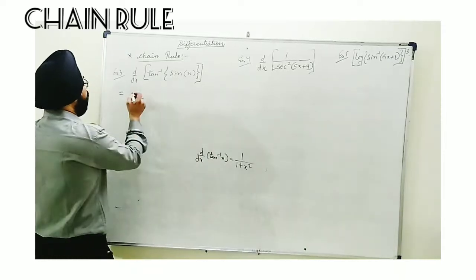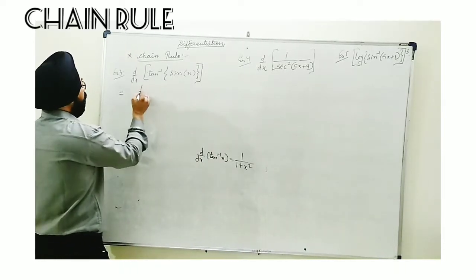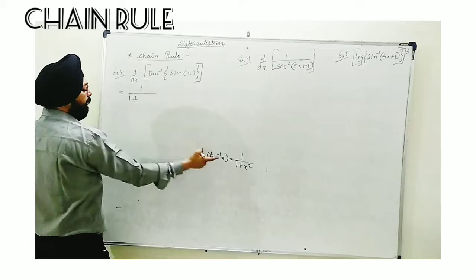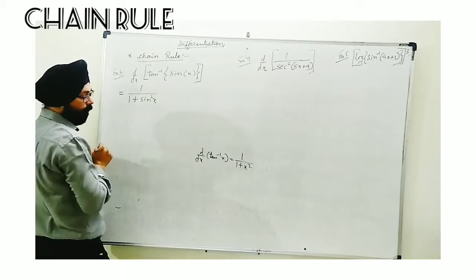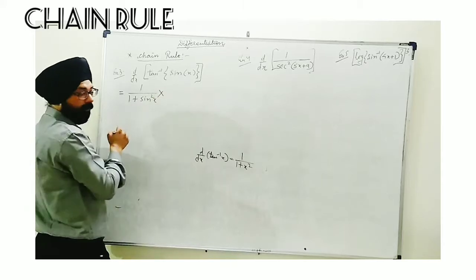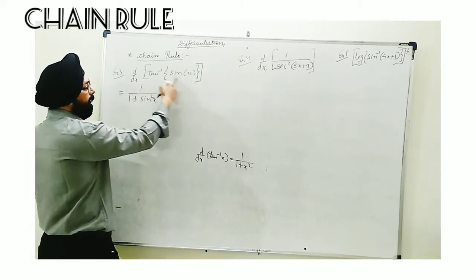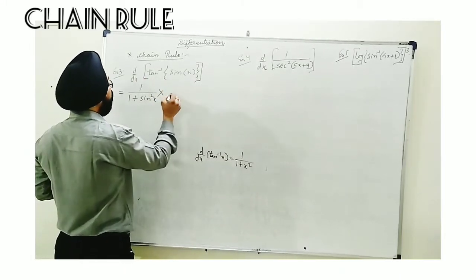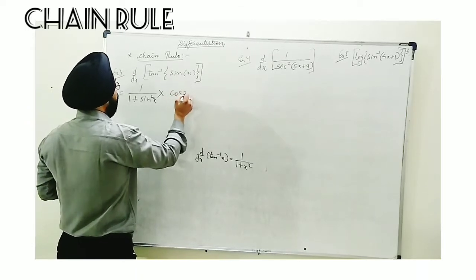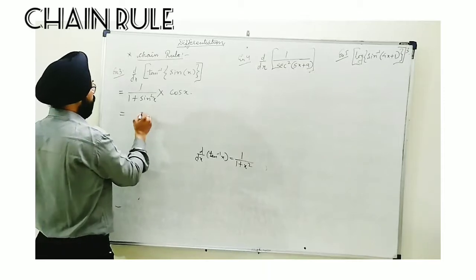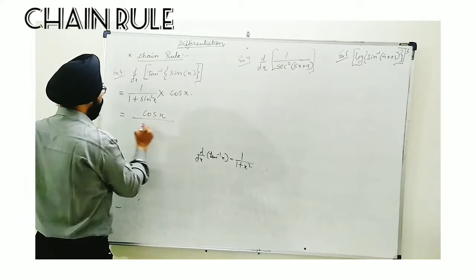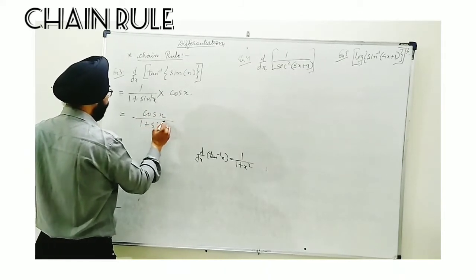So we will write first of all, differentiating, 1 upon 1 plus x replaced by sin x, so this will become sin square x, multiplied by. We will move to the next function which is sin x. So the differentiation of sin x becomes cos x. I hope it is not very fast but understandable.